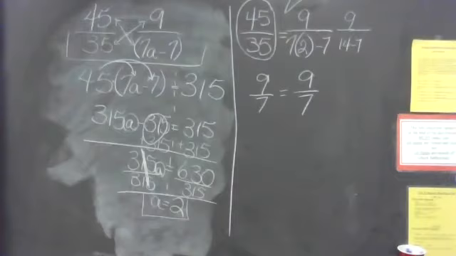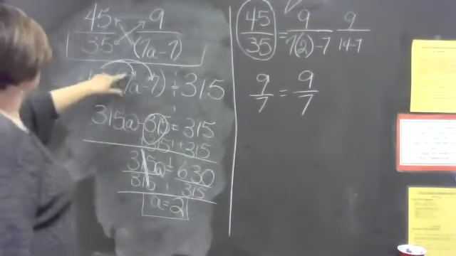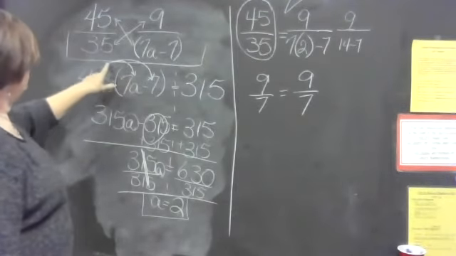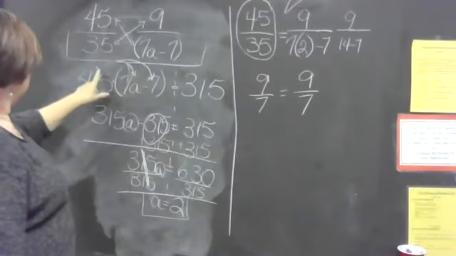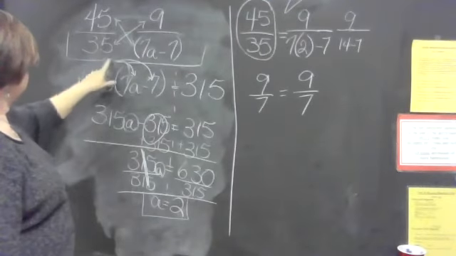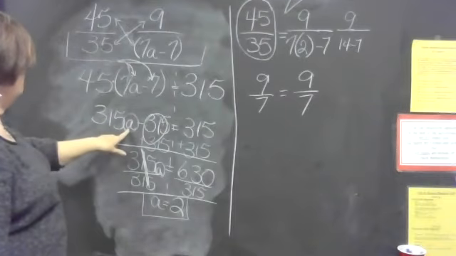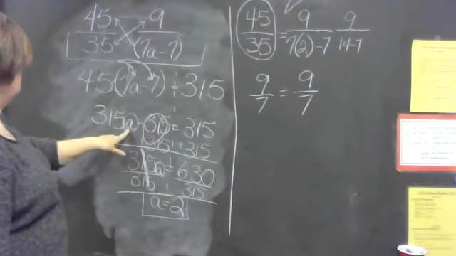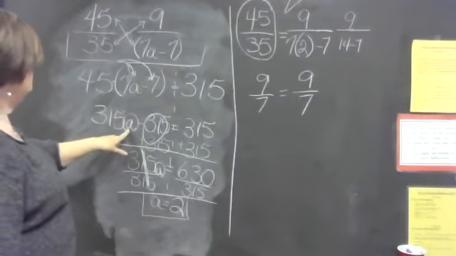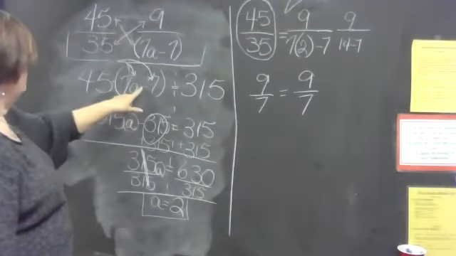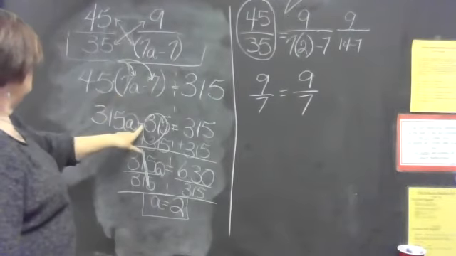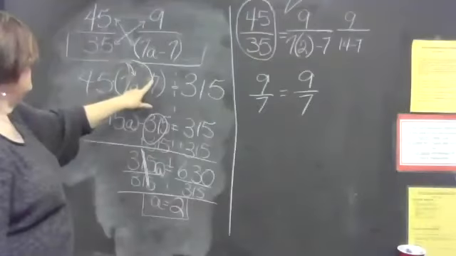No. Okay, so we multiplied 45 times 7. So that's 315, but that took an A, so it's 315A. Am I helping you with your question? Yes. And then you multiply 45 times that 7.